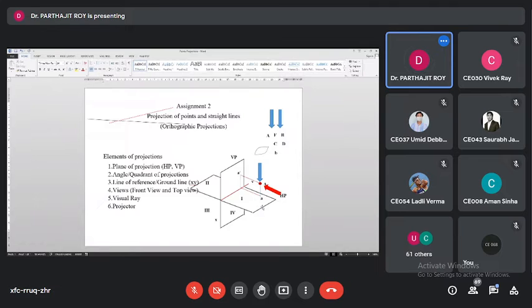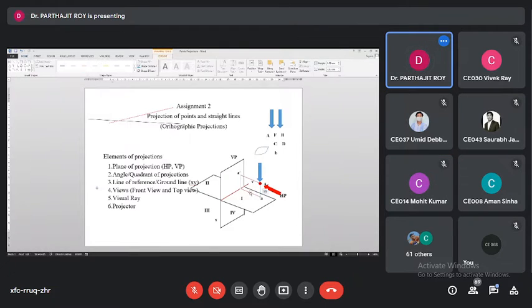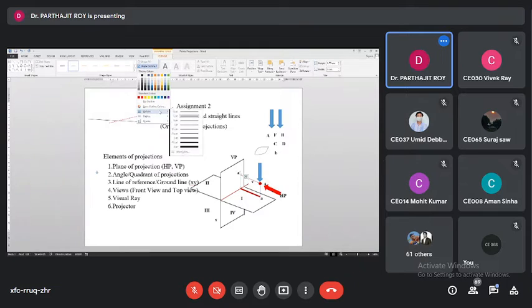Okay, what is projector? Now you could see this is visible. That line I am moving now. Just let me change the thickness. Is it visible? Yes, sir.